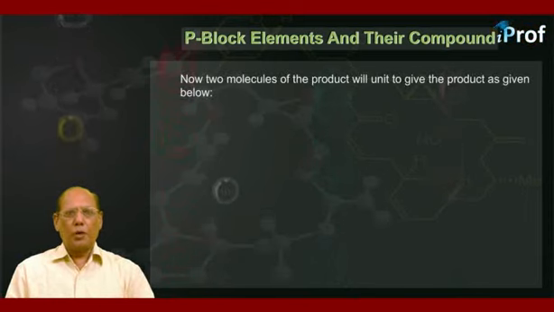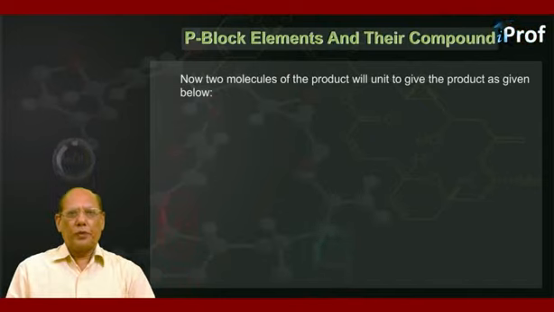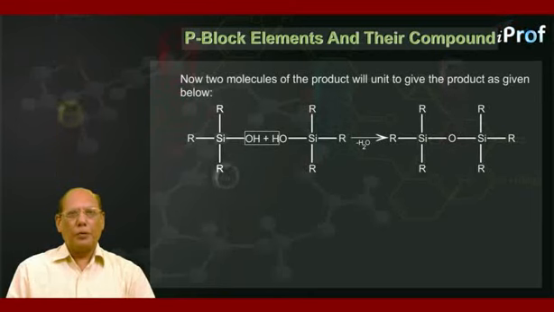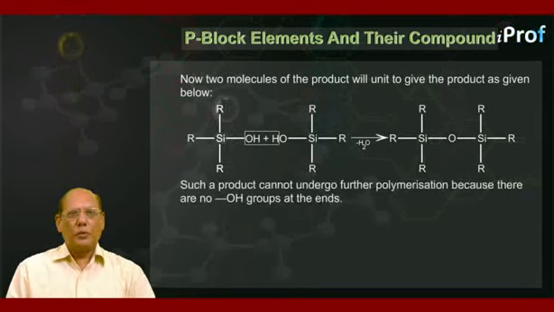Now, two molecules of the product will unite to give another product, that is a type of silicone as shown below. Such a product cannot undergo further polymerization because there are no OH groups at the ends.